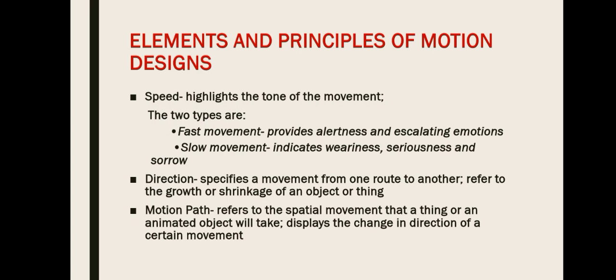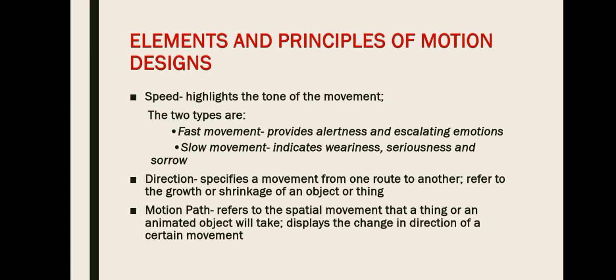There are two types of speed, and those are fast movement and slow movement. Fast movement provides alertness and escalating emotions. Slow movement indicates weariness, seriousness, and sorrow.